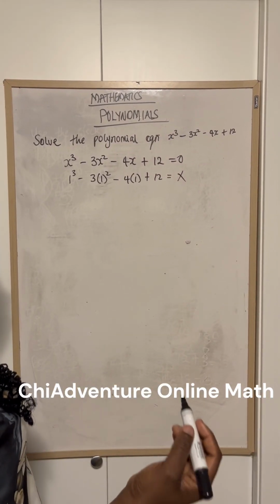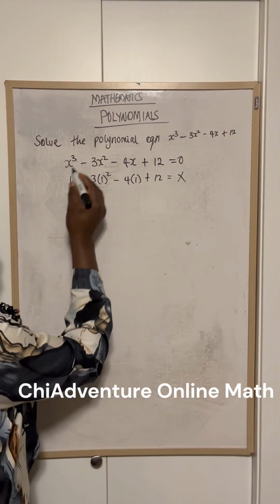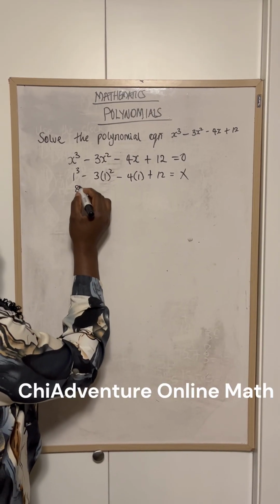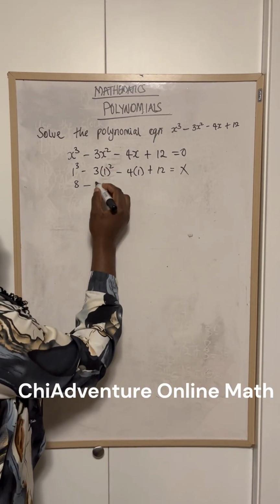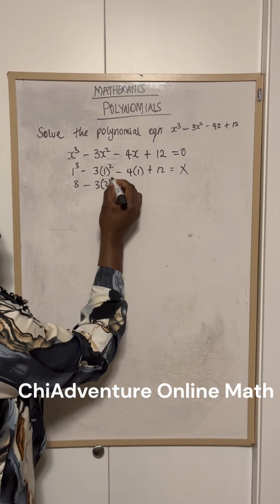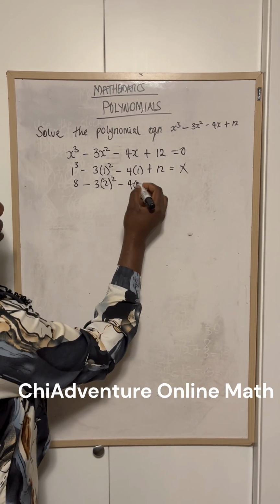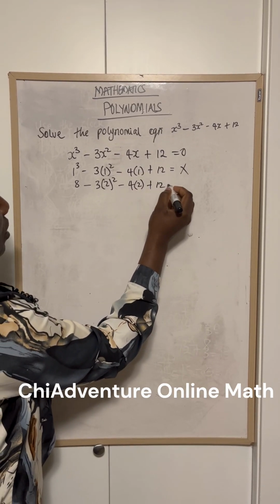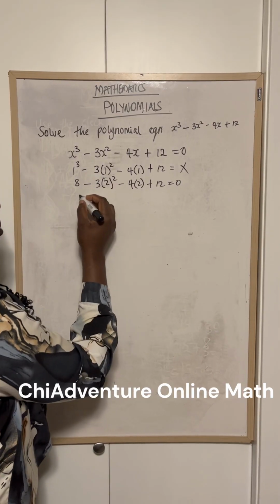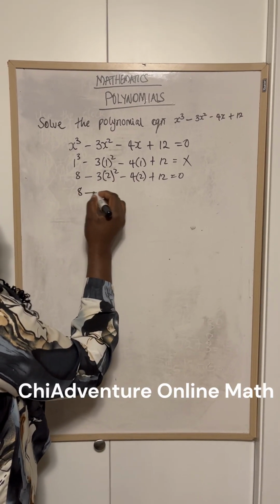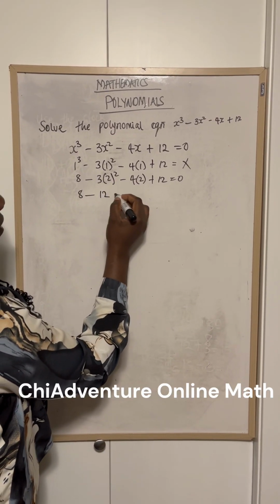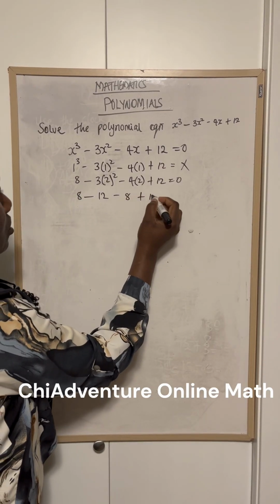Next, we can look at 2. When you have 2, 2 cubed will give us what? 8 minus 3 into 2 squared minus 4 into 2 plus 12 is equal to 0. So we're having 8 minus 12 minus 8 plus 12.